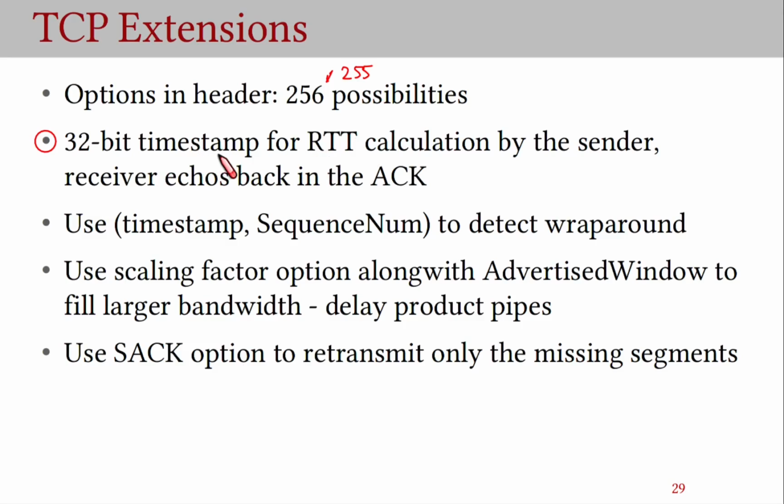The sender would subtract this timestamp from its current time and can calculate the round trip time for this particular segment. Therefore, the issue of retransmission that we were discussing is solved. Second, as I mentioned, we use this timestamp and the sequence number together, basically as an extended sequence number, to fix the wraparound problem in the case of fast networks.